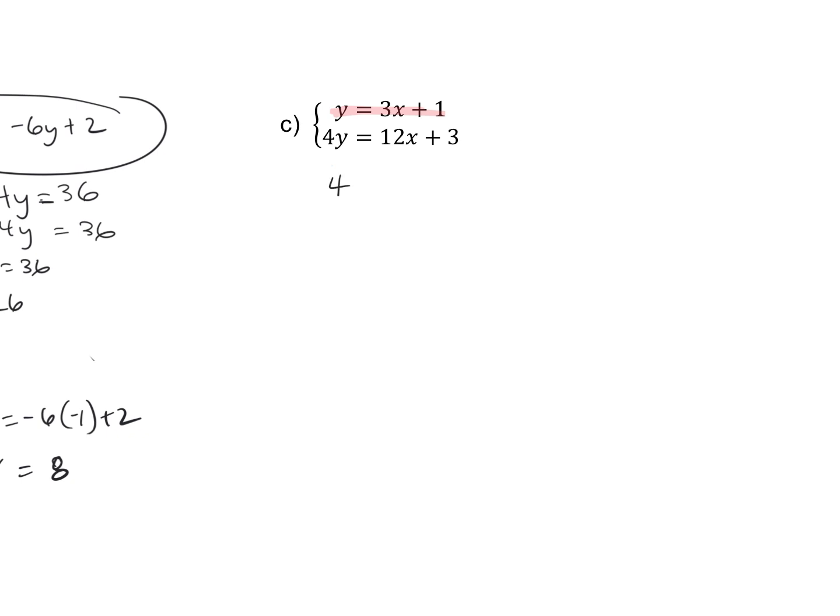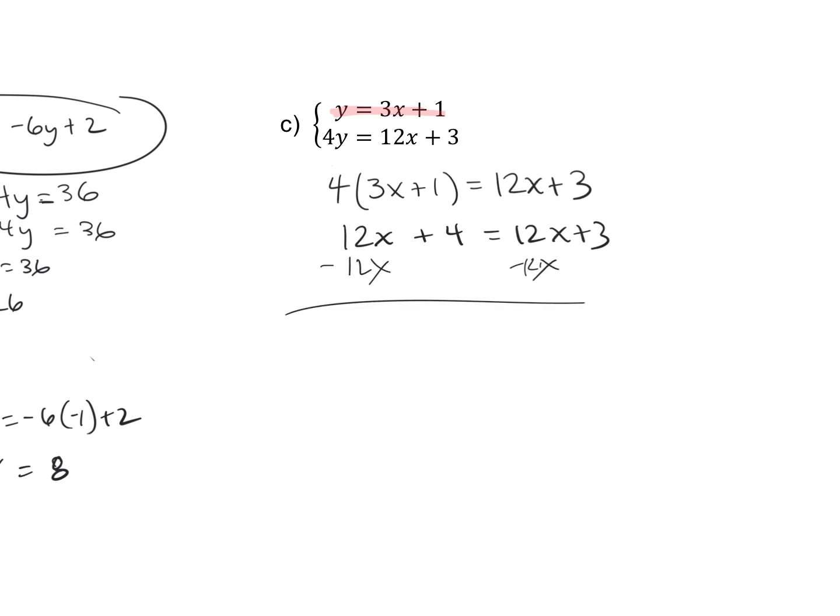So I'm going to do 4 times, and in place of y, I'll put 3x plus 1. Distribute. And then if I subtract the 12x from both sides, y'all agree that the variable drops out? So I get 4 equals 3.